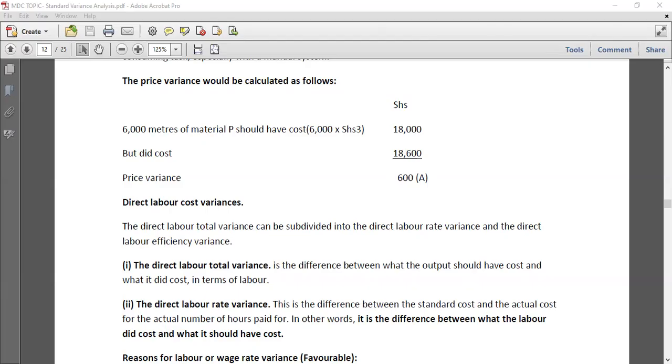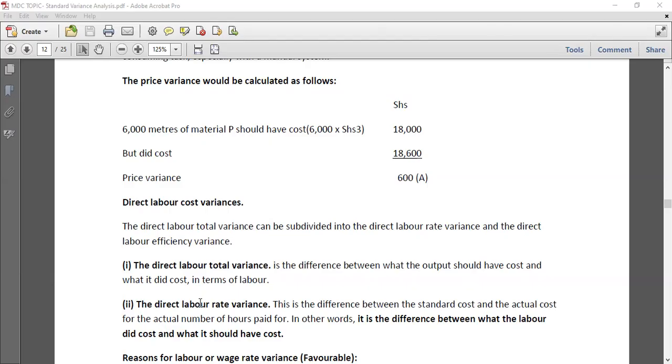Like where we have seen, if it's labor rate variance, then I know it is the change in labor, it's a change in the rate. If it's the material rate variance, then I know I'm looking at the value of materials. So you need to understand the key terms when you're looking at the different variances.